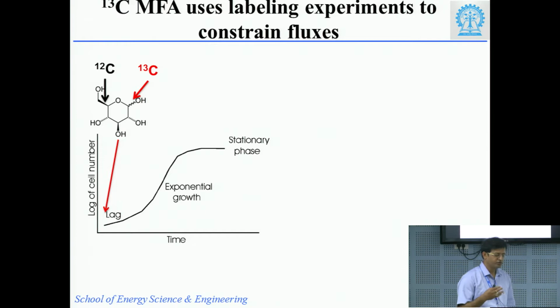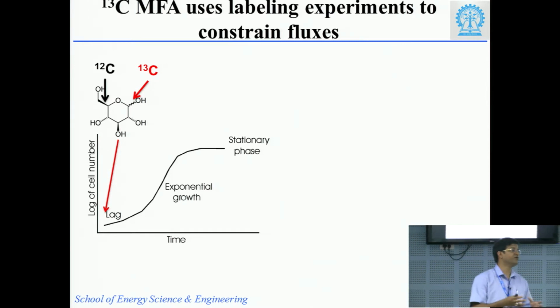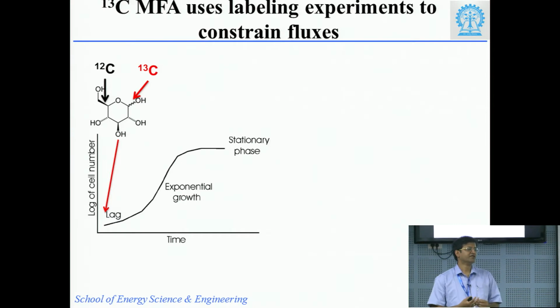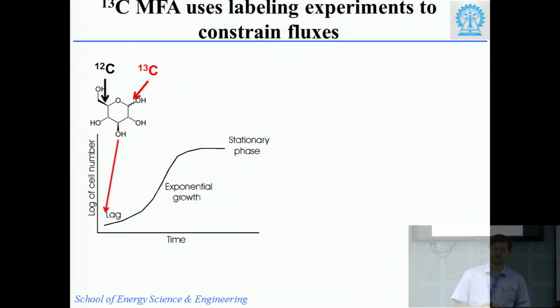So, you have to culture the cell in such a way that the carbons are labeled fractionally. If it is fully labeled, it will become normal glucose, right? If all the carbons are labeled, then it is of no use. So you have to label the carbon fractionally, like one carbon labeled. You can also use, like, a 20% level or 80% level.